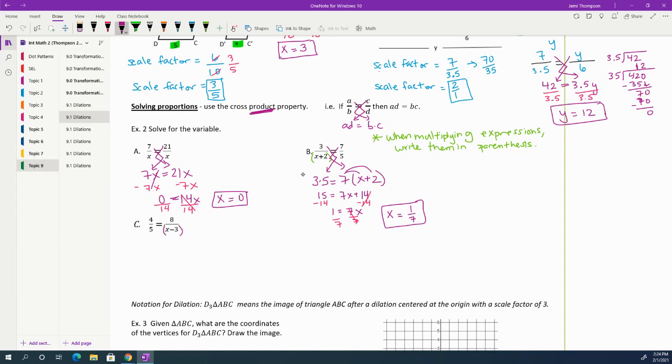And I'm going to make sure I include parentheses. So I have 4 times x minus 3 is equal to 5 times 8. And I distribute 4 times x minus 4 times 3. And then 5 times 8 gives me 40.